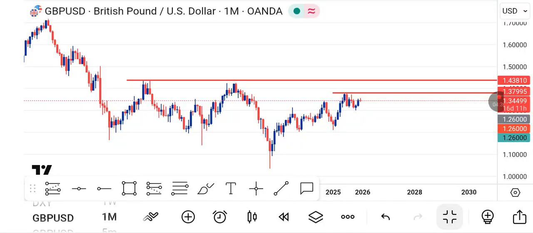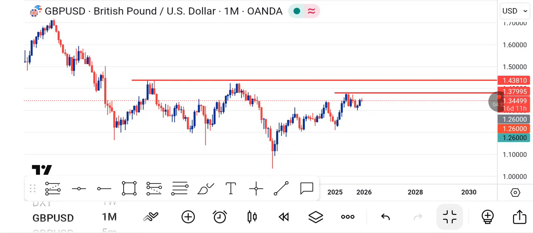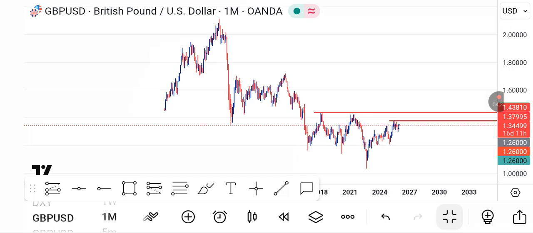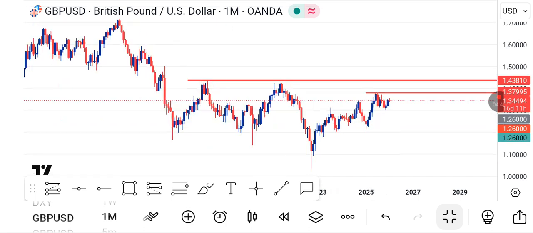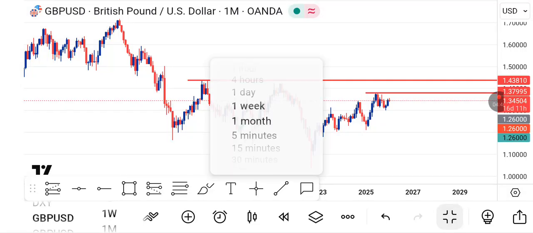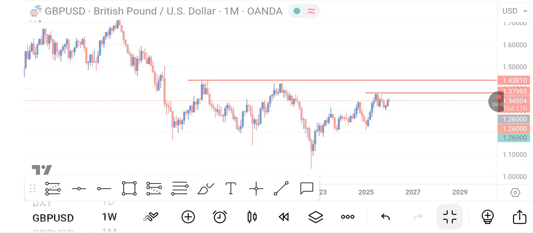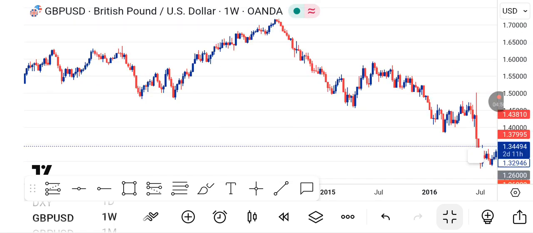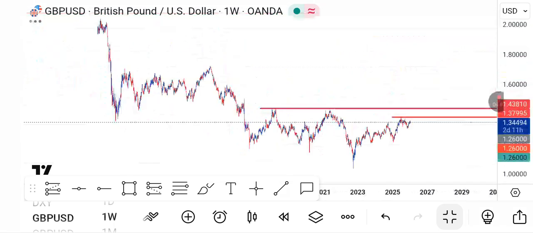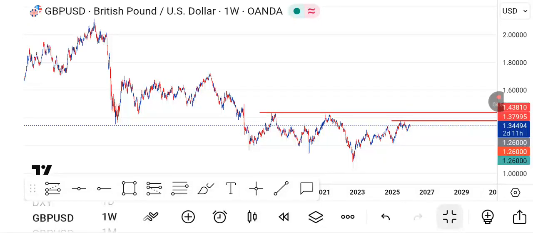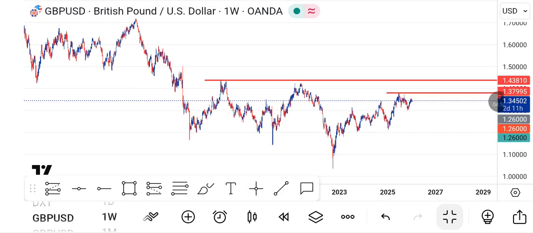So now, since I've marked the nearest resistance areas, I can go to my weekly time frame, which is this weekly time frame, to see what's really happening.